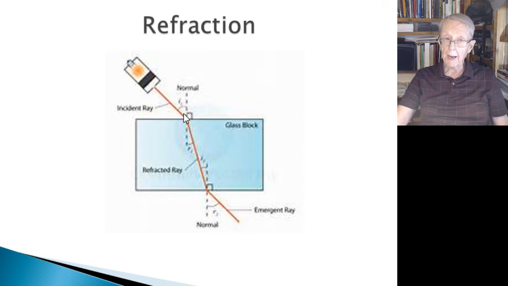And the diagram shows that the direction changes. That's a change, that's motion. A change of direction or a change in velocity is a change in motion. And Newton says when you have a change like that, you have to have a force.